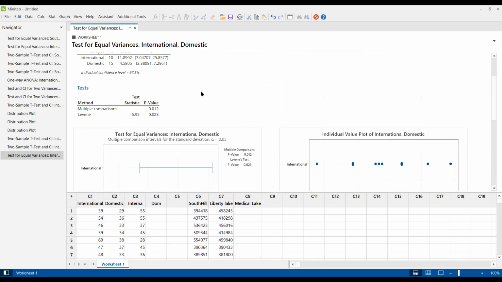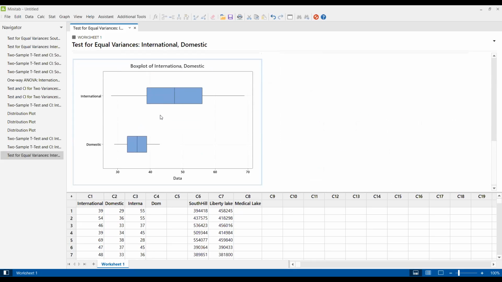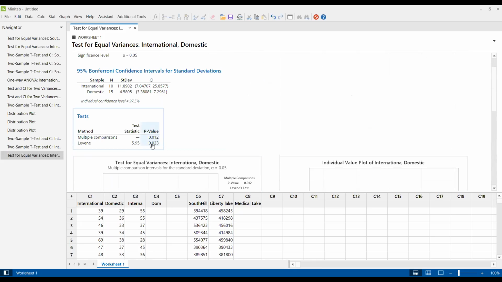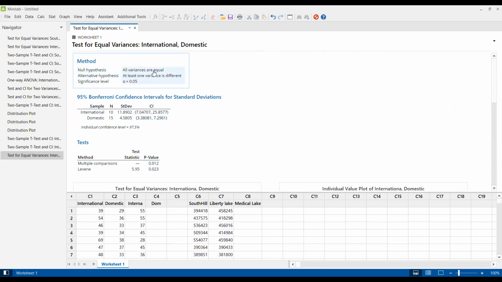We can't assume normality with a sample of 10 or 12, so you can clearly see this is not normal.